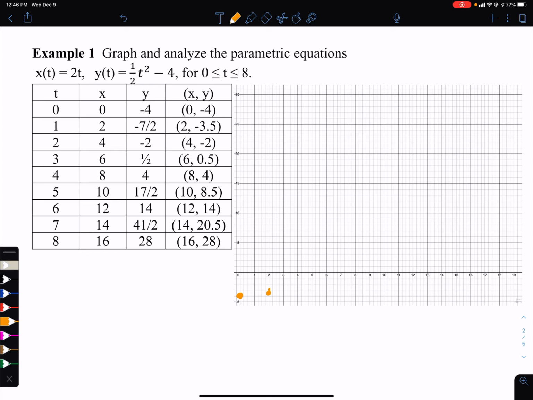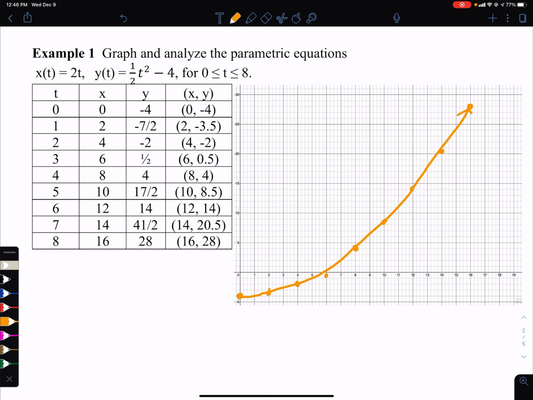Bam. 4, -2. 6, -0.5. 8, 4. 10, 8.5. 12, 14. 14, 20.5. 16, 28. And again, you see a parabola forming.